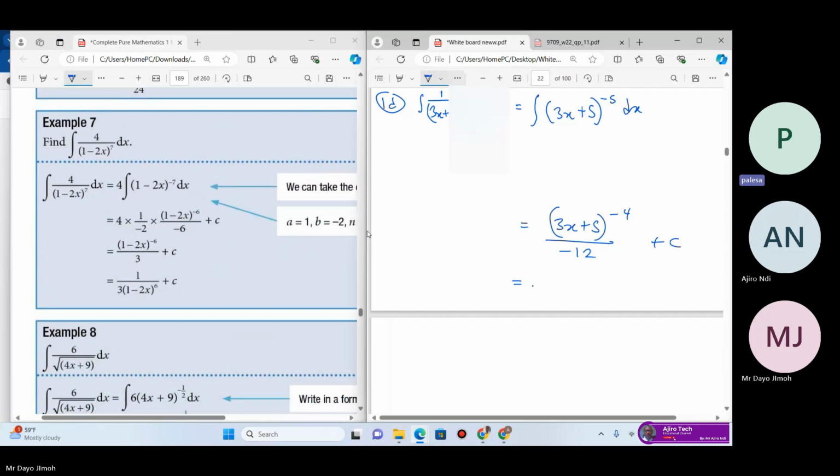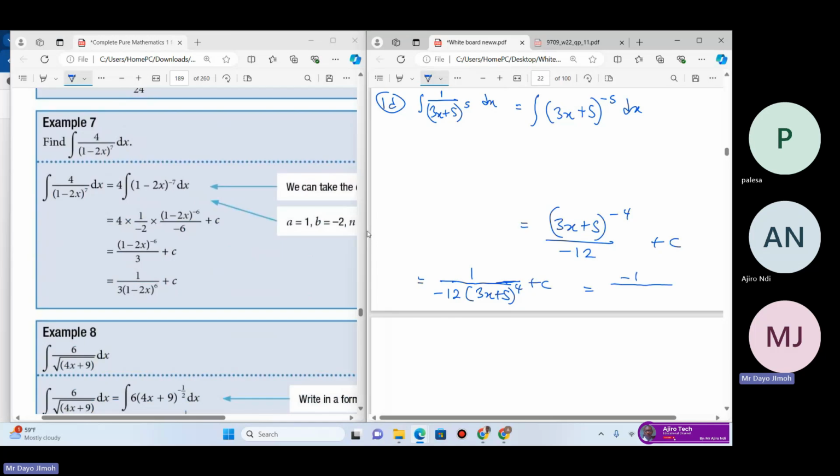Okay, so it will be 1 over negative 12 into bracket (3x plus 5) to the power 4, right? Then plus C. But I'm not comfortable leaving negative in the denominator. So take the negative up.